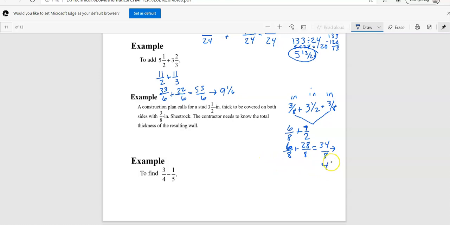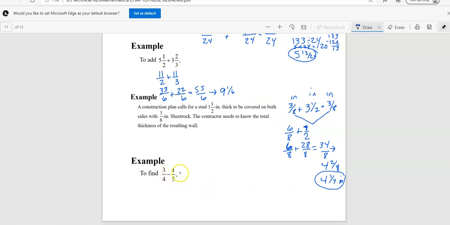So we got 4 and 2 8ths left over. So 2 8ths, we could divide the top by 2 and the bottom by 2. That would get me 1/4. So the total for the whole wall, if we add all that stuff up, would be 4 1/4.